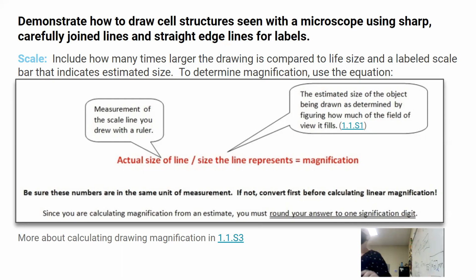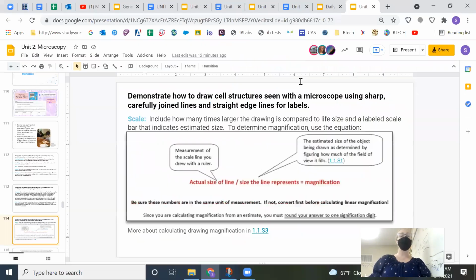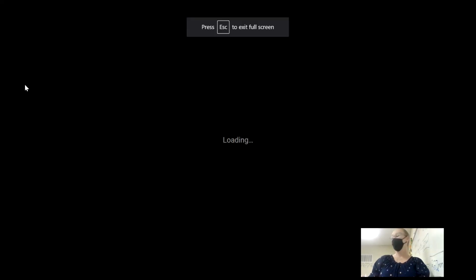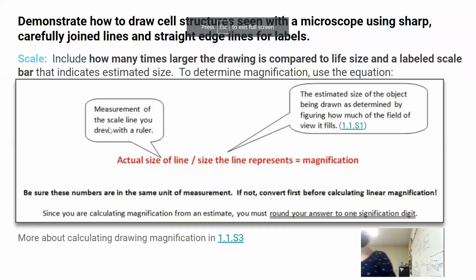Okay, so with the scale, up top, I should have something bolded. Your scale is going to include how many times larger the drawing is compared to life size, and a labeled scale bar. Scale bars are very important in your drawings.